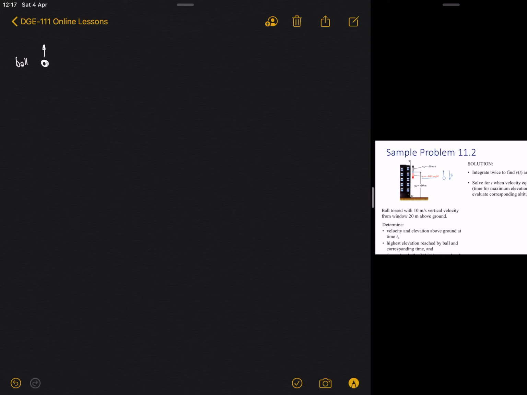All right, so we have a ball tossed upwards. So we say the velocity is 10 meters per second. And then we have a height from the ground of 20 meters. And then we also have the velocity.